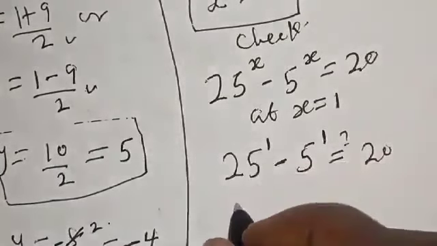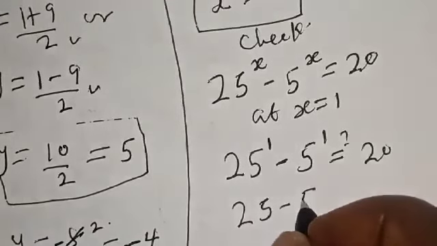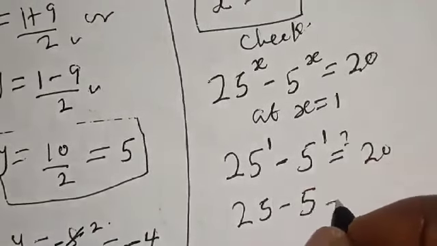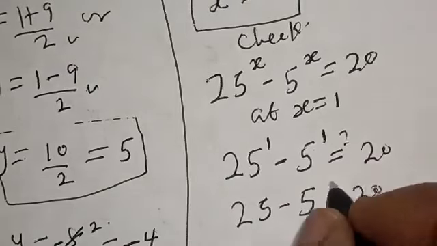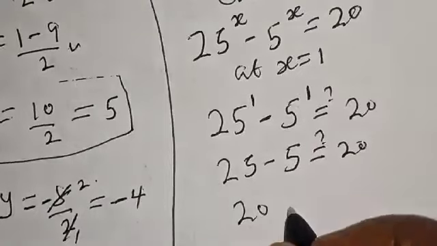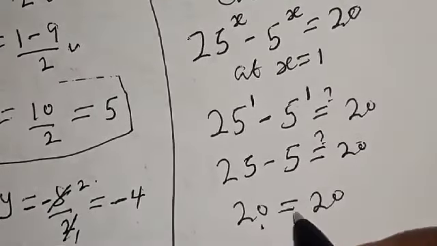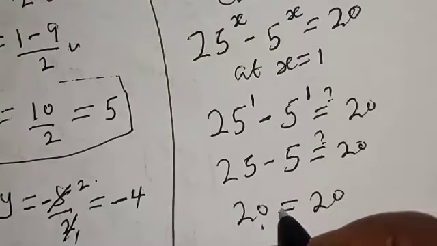Now, 25 raised to power 1 is 25, minus 5 raised to power 1, which is 5, must be equal to 20. 25 minus 5, this is 20, is equal to 20, which satisfies the given equation at x is equal to 1.